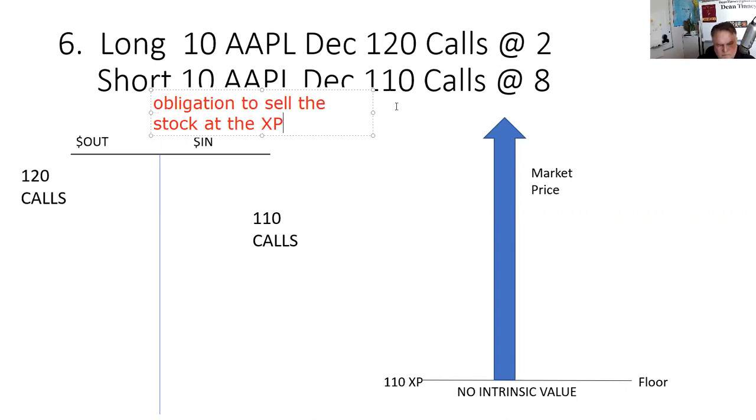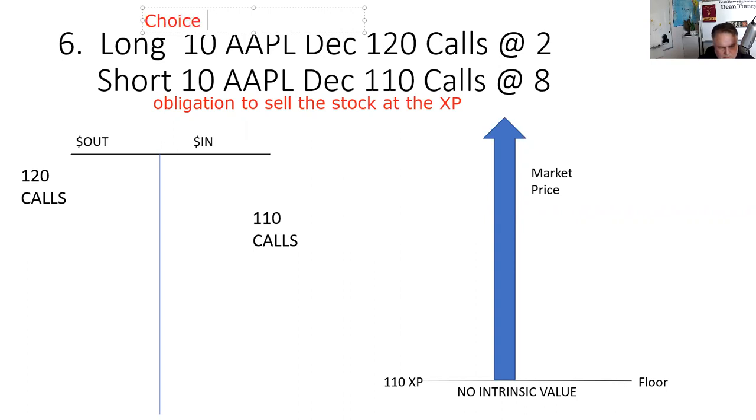But now, being the smart guy that I am, I said, I think I'll offset my obligation with a choice, because now I don't have unlimited risk. I have a choice to buy the stock at the strike price. You know, options are about floors and ceilings.